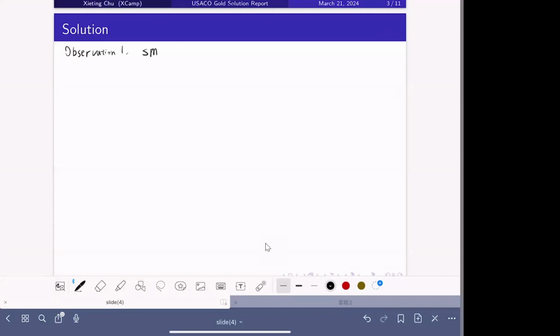If we denote sum_i to mean the number of ones in S[1..i] minus the number of ones in T[1..i], then at some positions where sum_i is equal to 0, we can split the problem into two parts: the first part 1 to i, and then i plus 1 to the length of S.